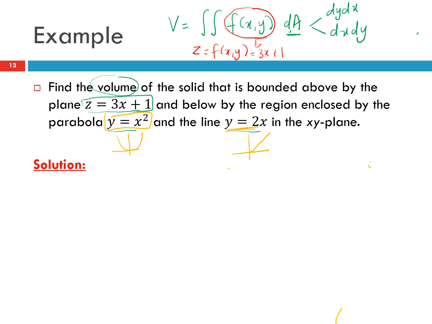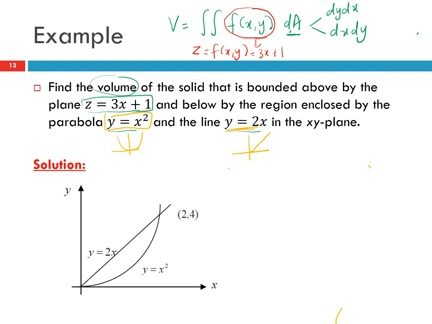Okay, when we combine these two equations, we will have the region. So here is the region. Okay, and we have the intersection point here. This is (2, 4), meaning that here you have 2 and here is 4.